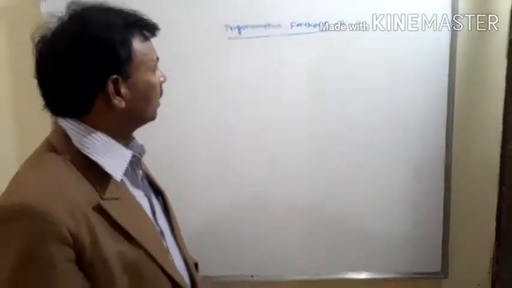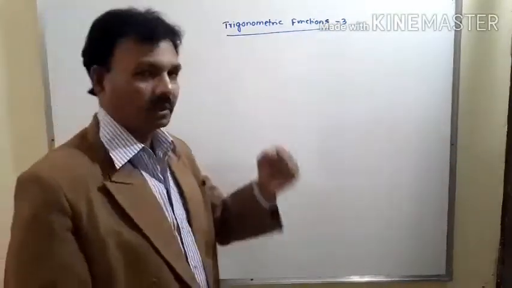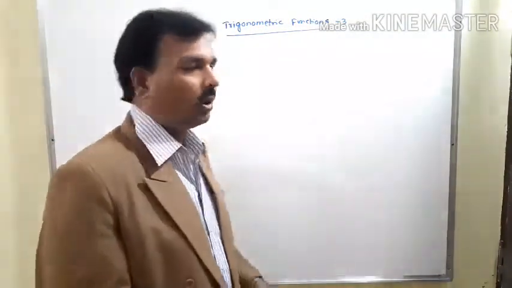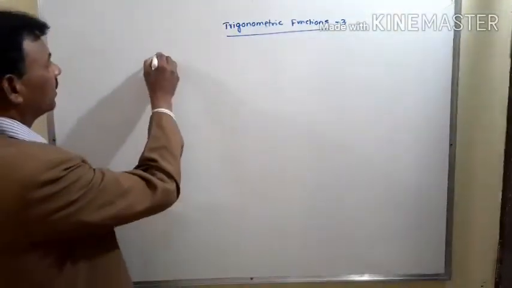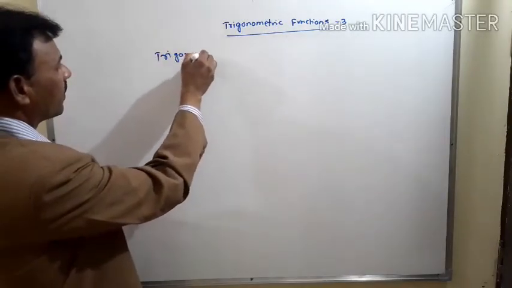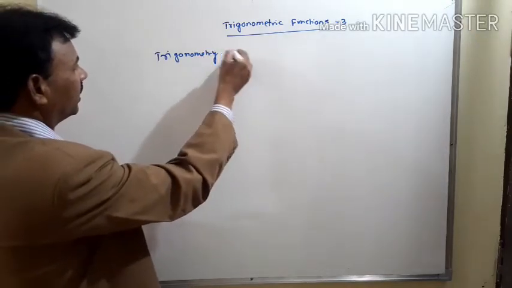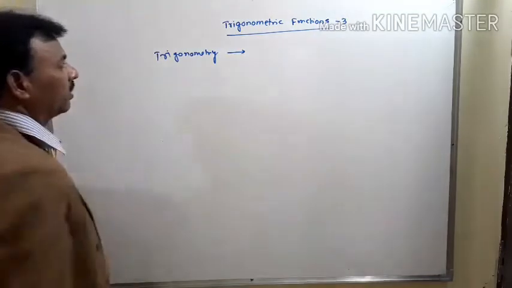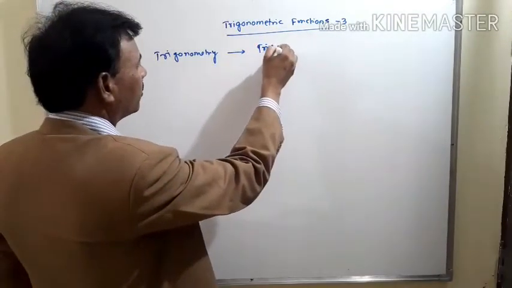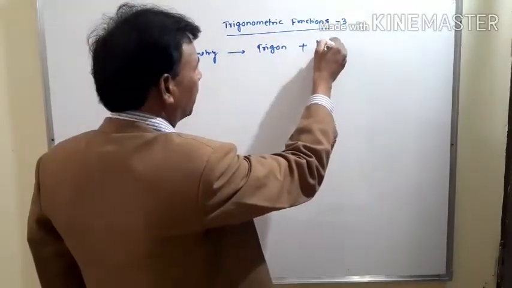Now we will try to understand some basics about trigonometry. As you know, the word trigonometry is formed from two words. First is trigon plus second is metron.